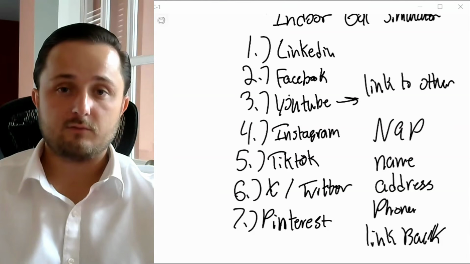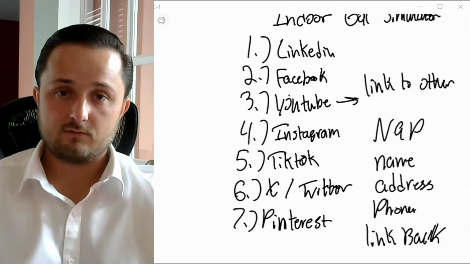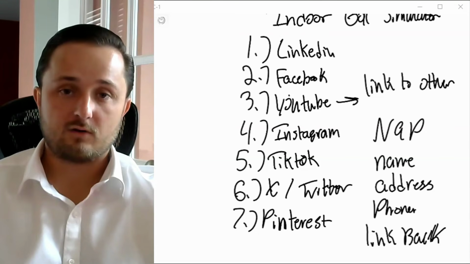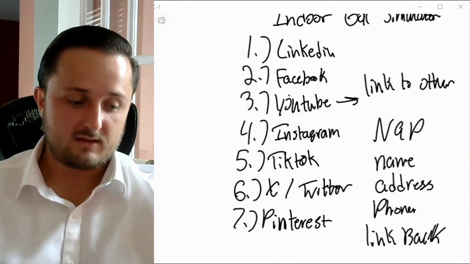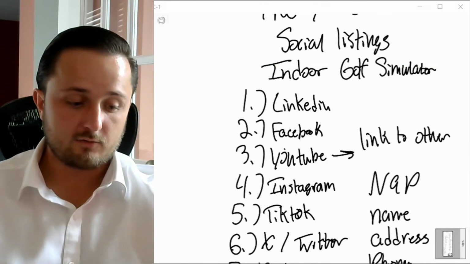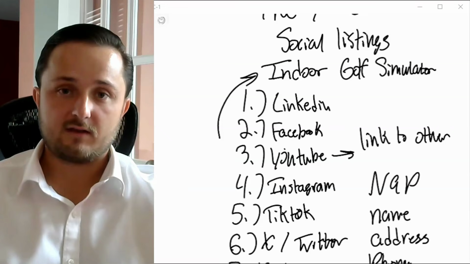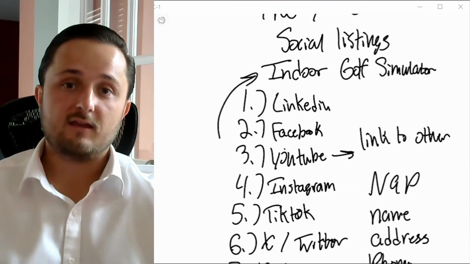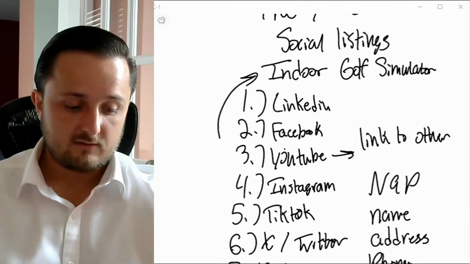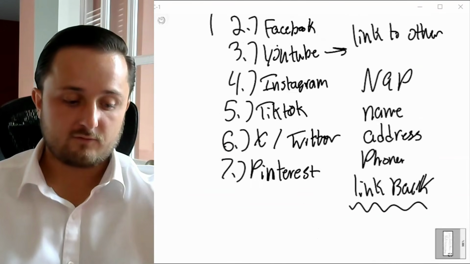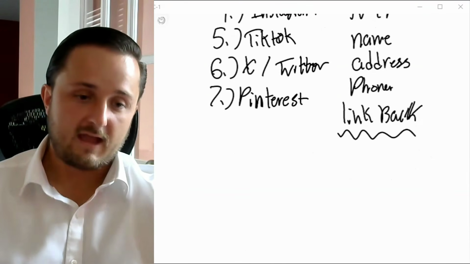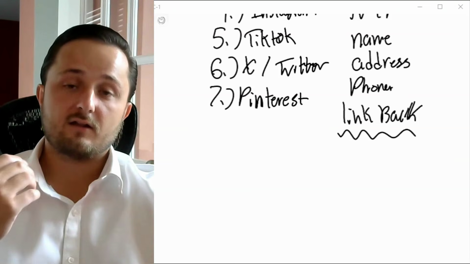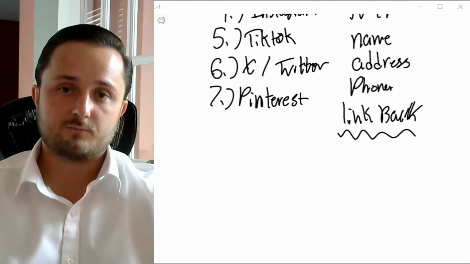When we're posting, we also want to include our keyword. Not only that, we also want to start linking back to our site. So if we launch a new blog page on our indoor golf simulator business website, or we launch a new service, then we want to have links going back to those new services or new pages as Google, these search engines, or these AIs or LLMs start crawling these social profiles.